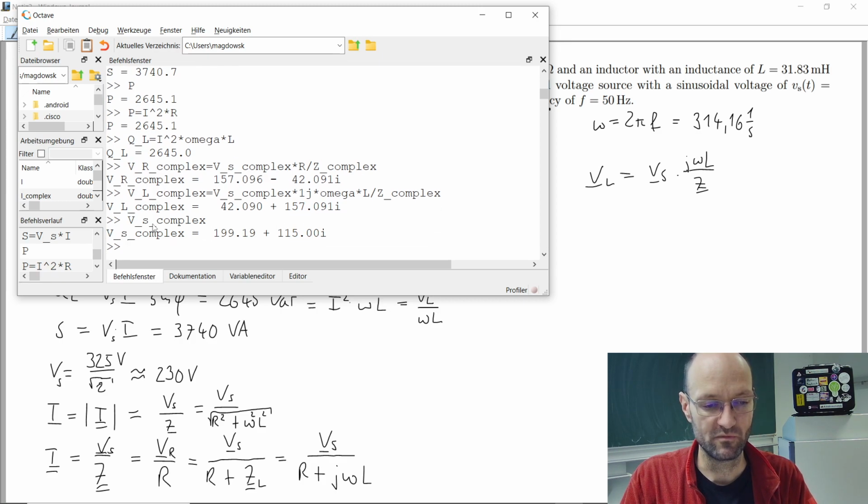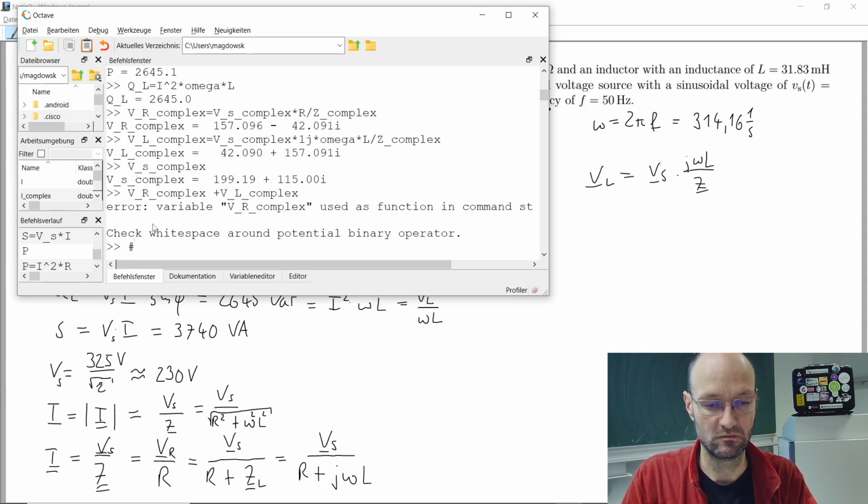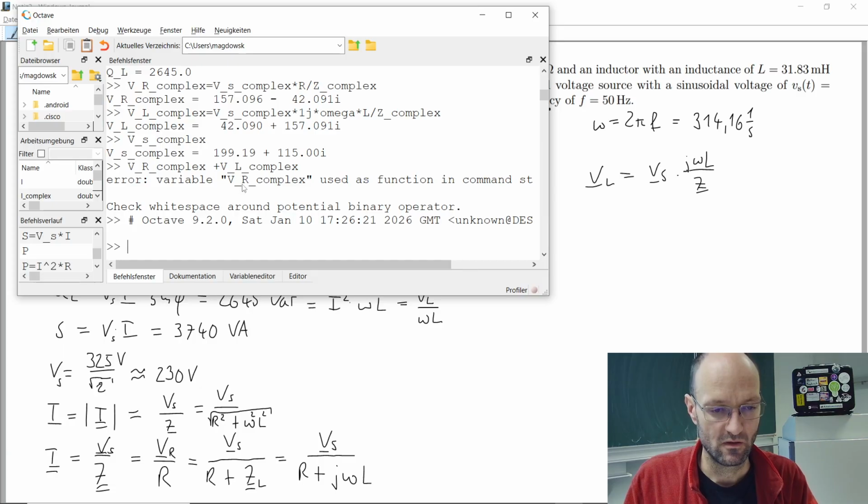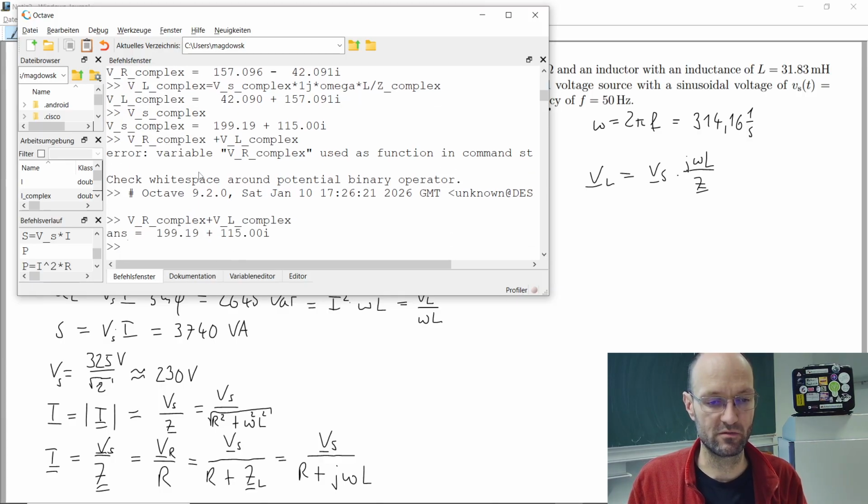It has this value. If I take VR complex plus VL complex, okay, I get the very same value as before. So this works.